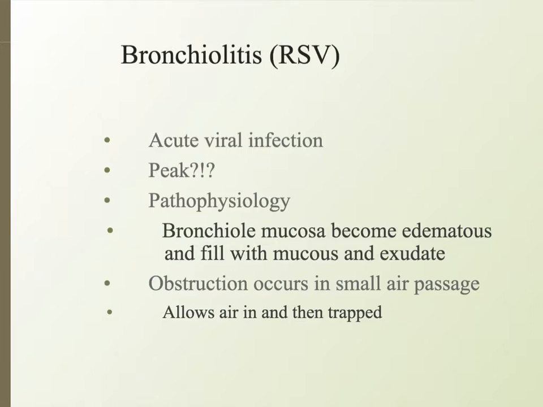If that inflammation occurs with the same infection, they have less room for that swelling to occur, and it'll close off even faster. So keep in mind when you're working with the younger pediatrics, that airway is so tiny, and that is why things can get obstructed so easily.